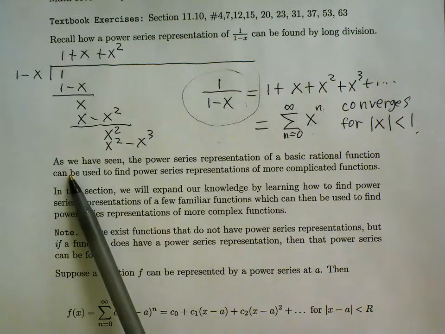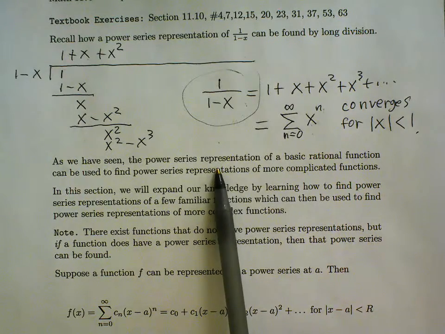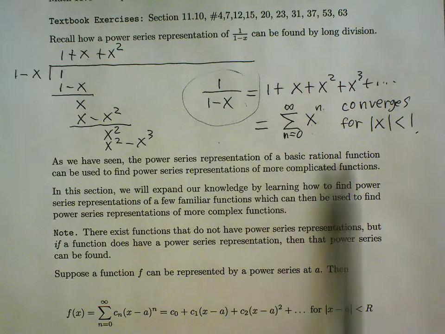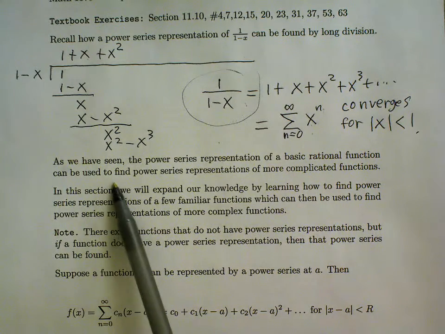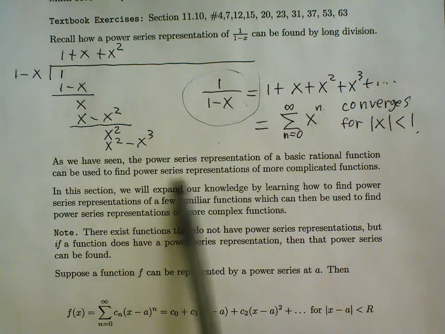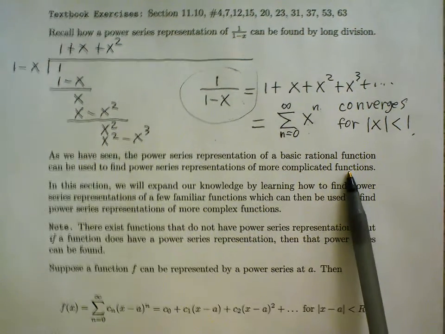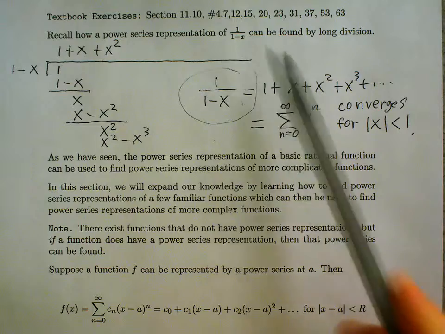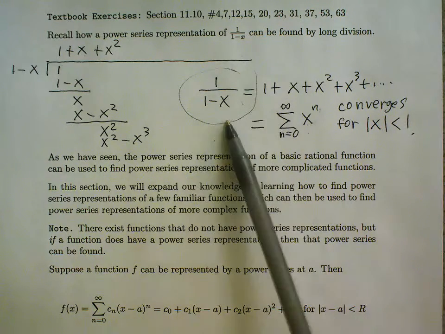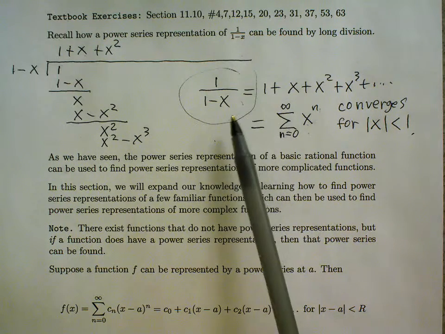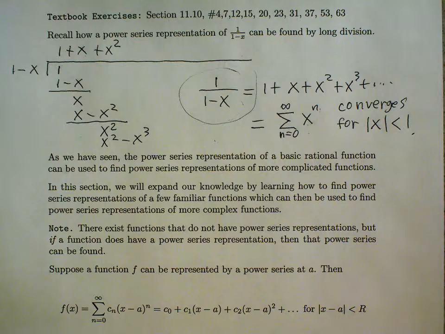As we have seen, the power series representation of a basic rational function can be used to find power series representations of more complicated functions. So, such as this rational function, 1 over 1 minus x, we use this to find power series representations for a bunch of other functions.